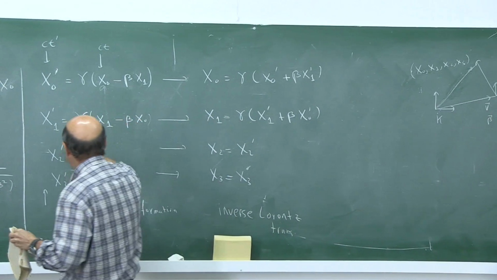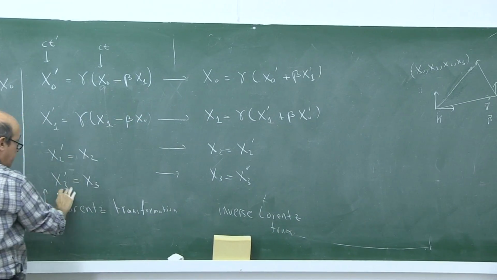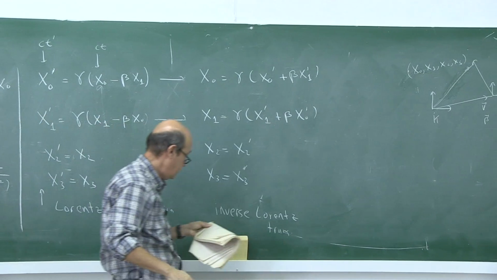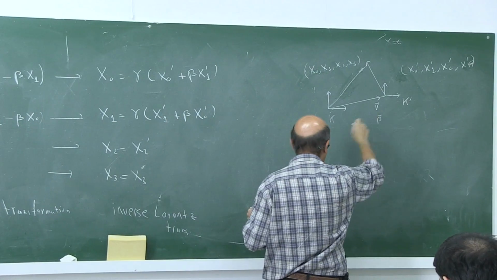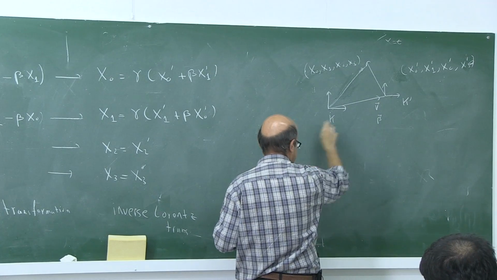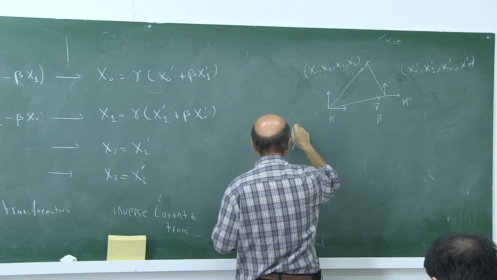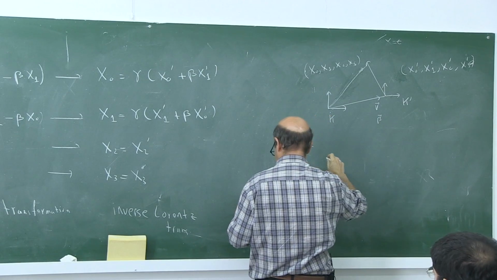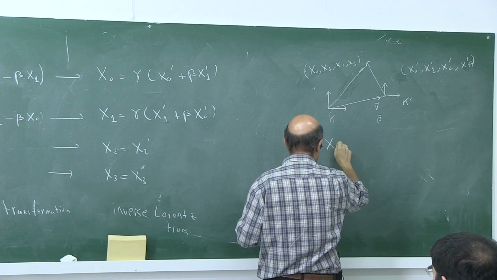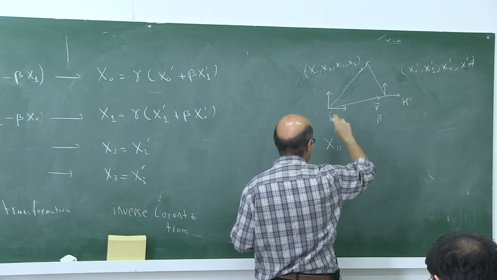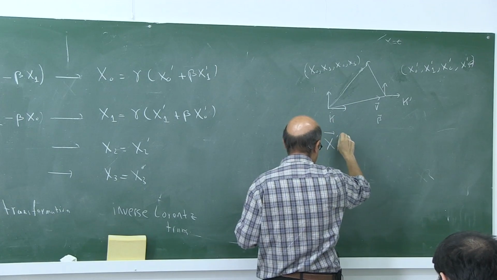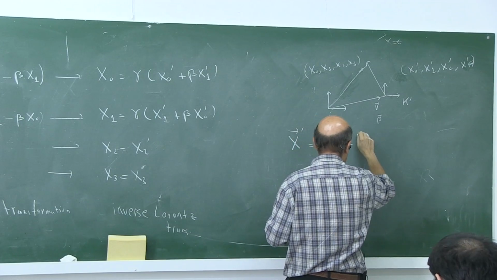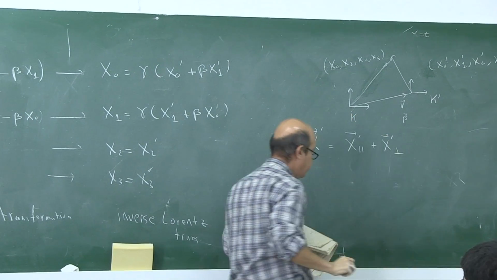Parallel to the motion is transformed like this. Perpendicular to the motion is not affected. So the situation will be the following. If you want the x observed from k prime, let my vector have a part parallel to the motion and a part perpendicular to the motion. So we denote it in that form.